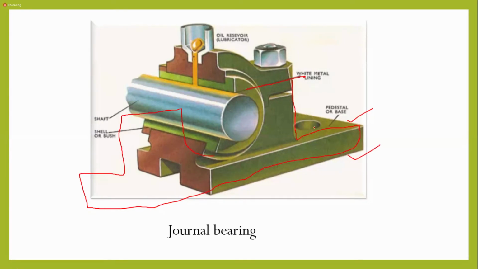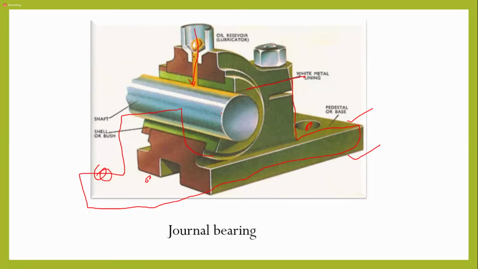This is fixed to the base, the shaft is placed, and then the upper cover is placed and fixed, right? So there will be an oil hole. Why? To supply the oil continuously, right?